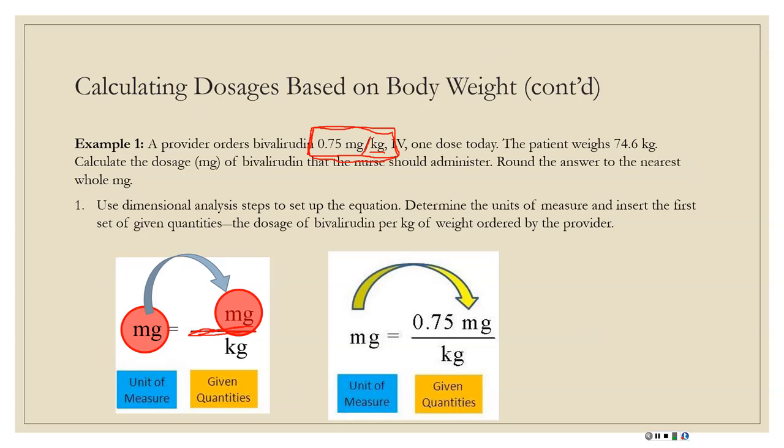Now, in this problem, 1 kilogram is implied. If you are confused and you want to write a 1 down on the bottom, you absolutely can. It will not change your answer one bit, so it's up to however you learn best. But we need to understand that the healthcare provider is saying that for every 1 kilogram that the client weighs, we will administer 0.75 milligrams of medication.